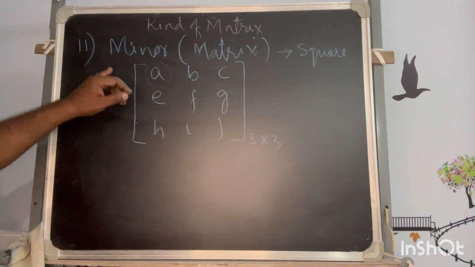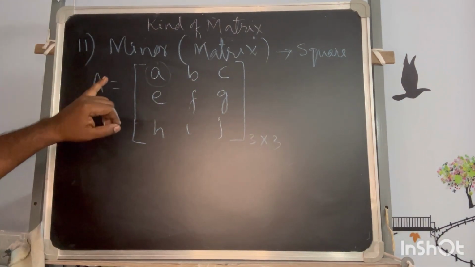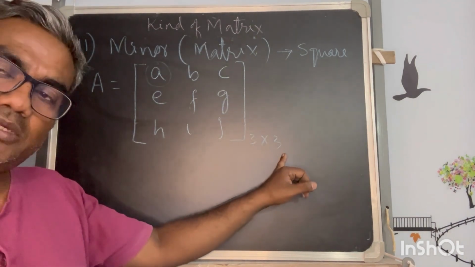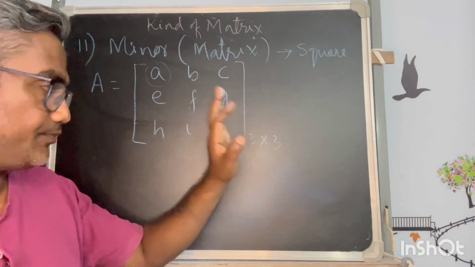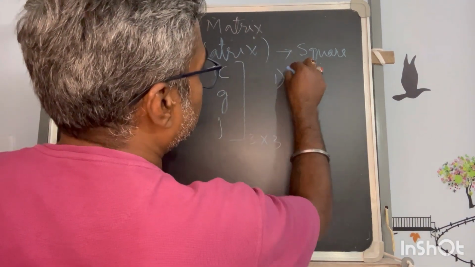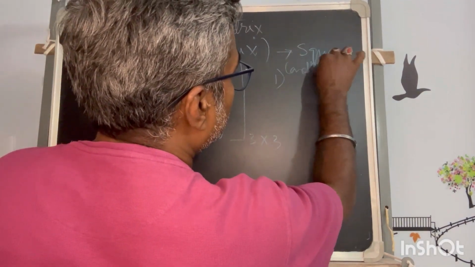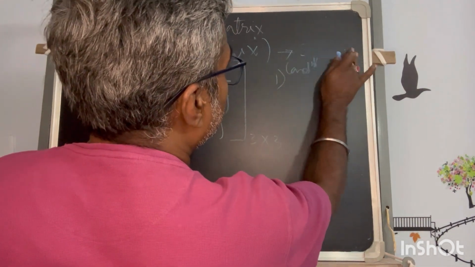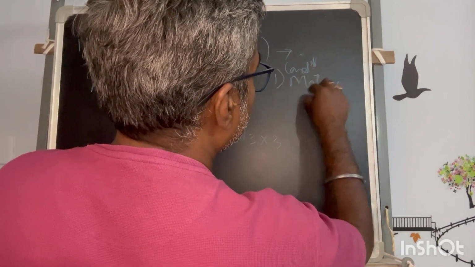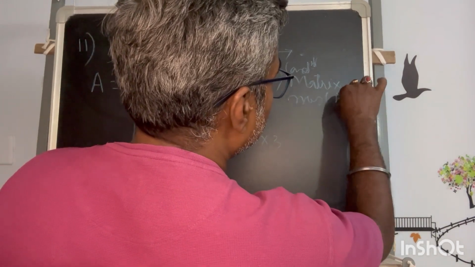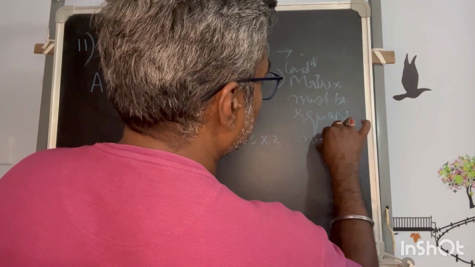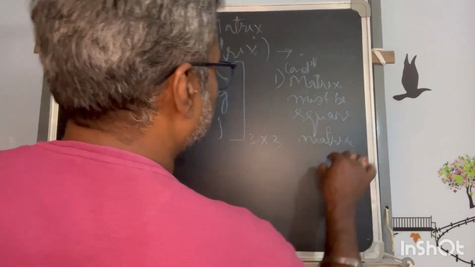When we talk about the minor of any matrix, the matrix must be a square matrix. That's why the order must have rows equal to columns. So this is the first condition: the matrix must be a square matrix.